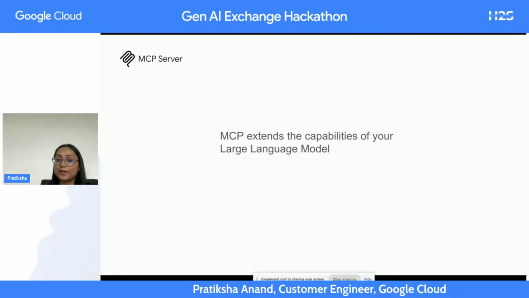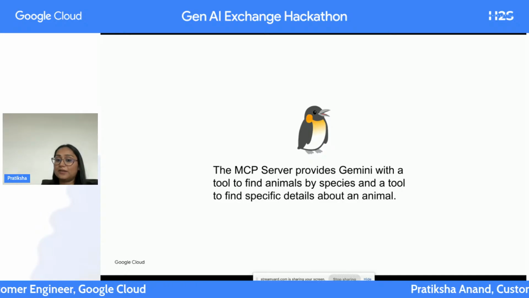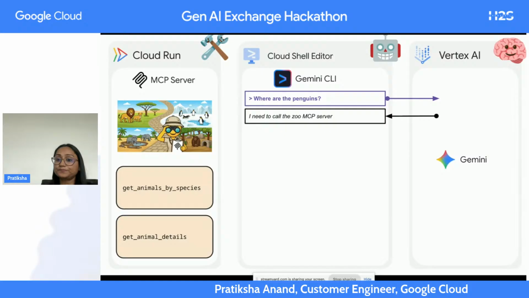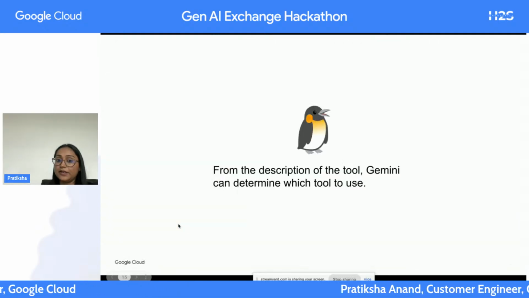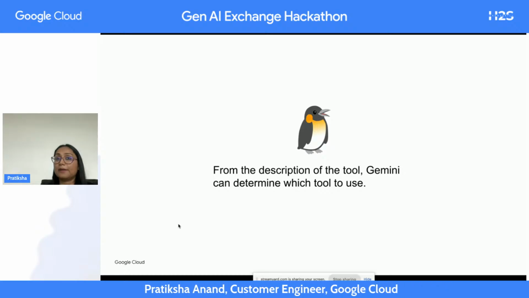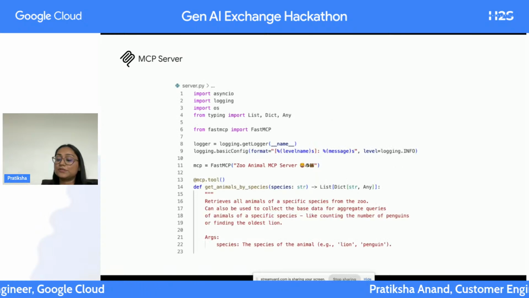The MCP server provides Gemini with a tool to find animal species and a tool to find specific details about an animal, like get animal species and get animal details. From the description of the tool, Gemini can determine which tool to use.